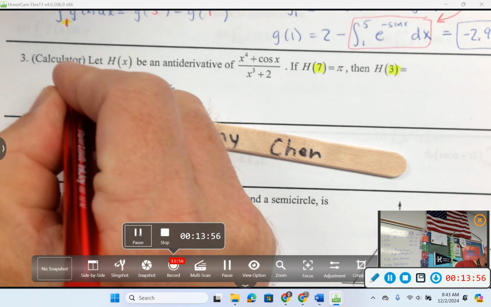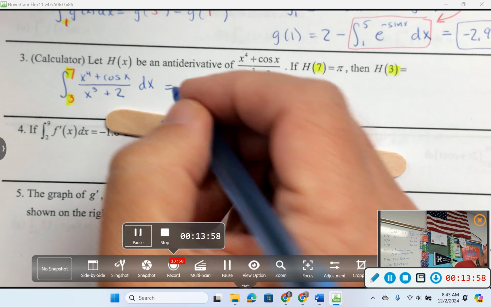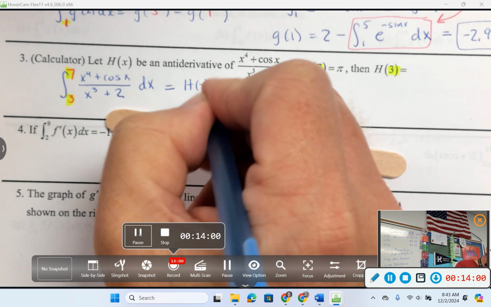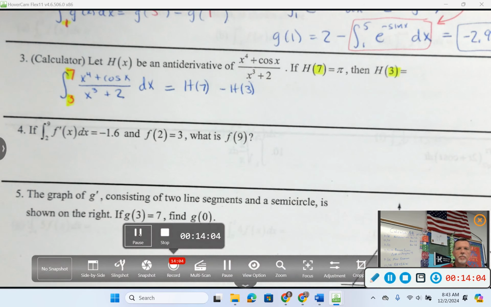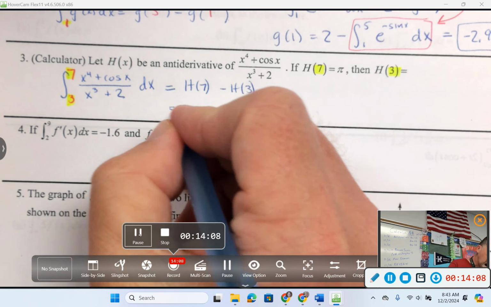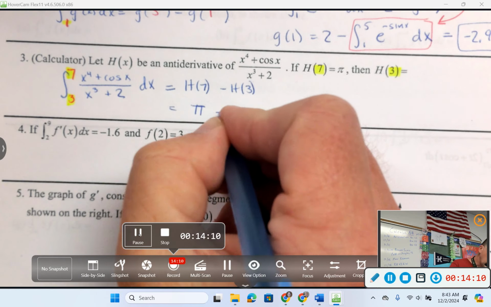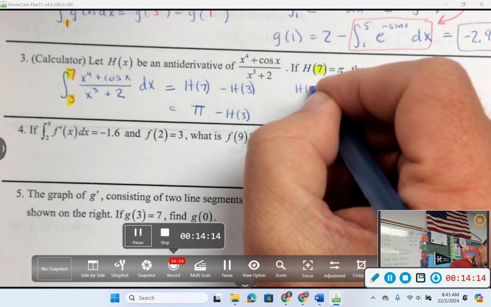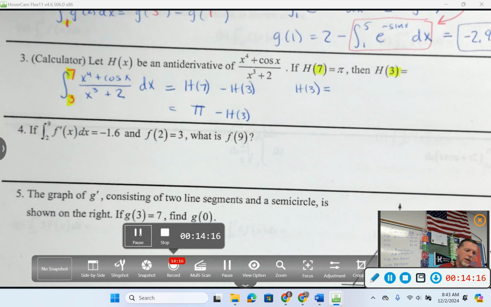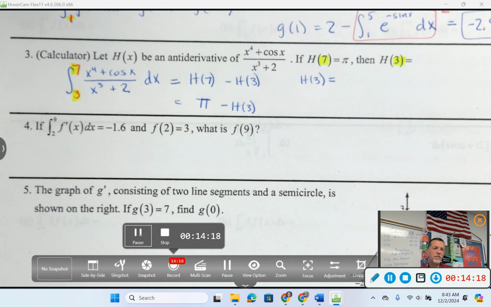So 3 to 7. h of 7 minus h of 3. We know h of 7. Don't know h of 3. So for h of 3, you're going to have to rearrange some things. Why don't you see if you can finish this problem out?